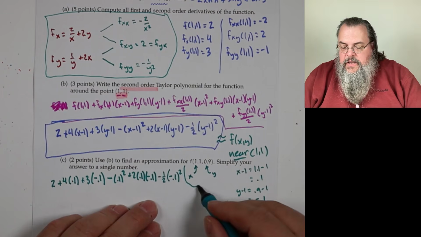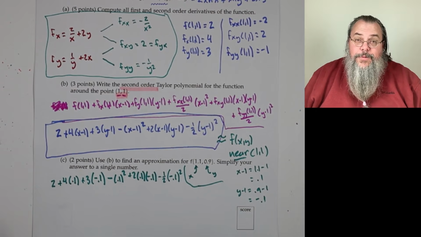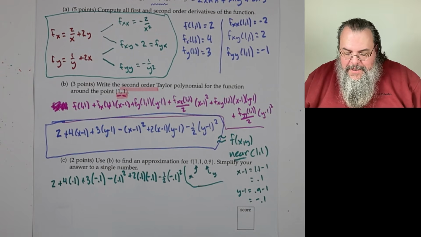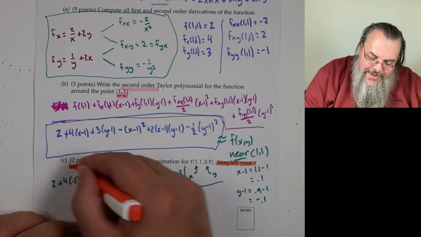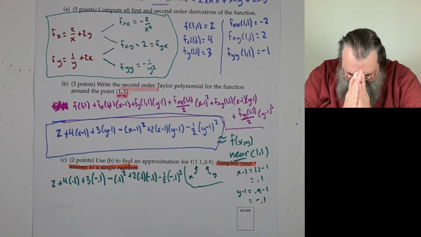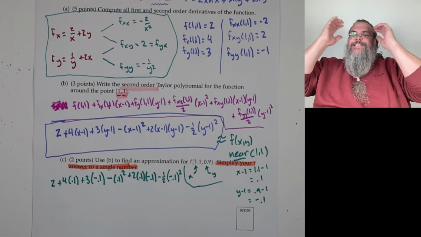Now, at this point, I hope we don't have to simplify. But then I noticed it says, simplify your answer to a single number. I'm so sorry. What have we done to offend you, calculus teachers?